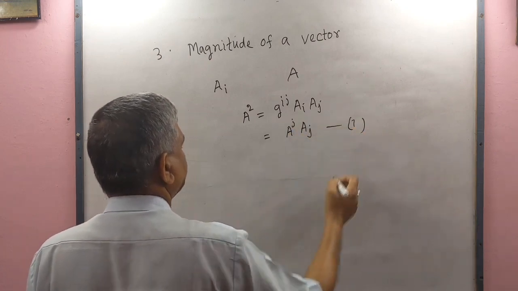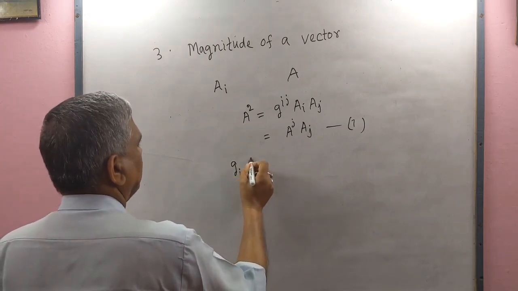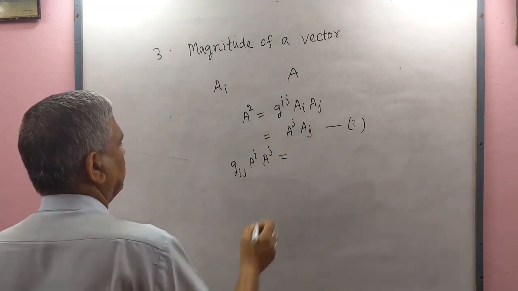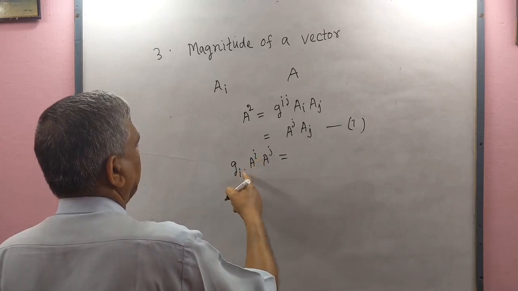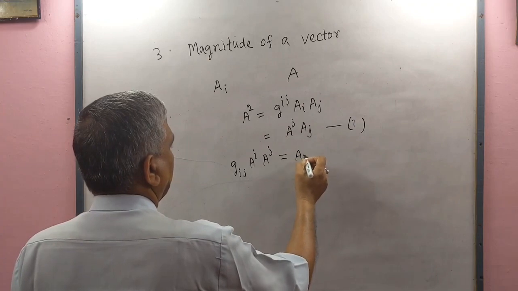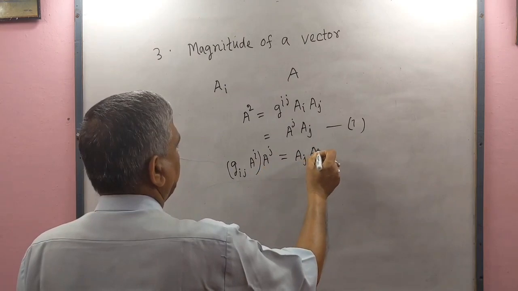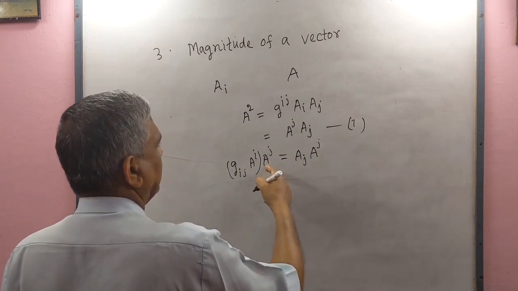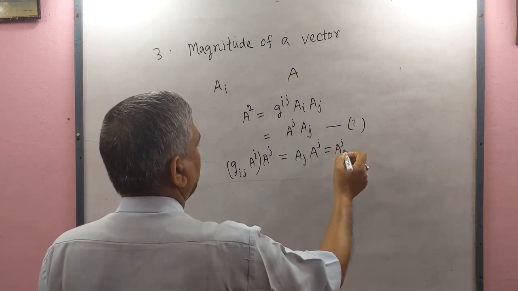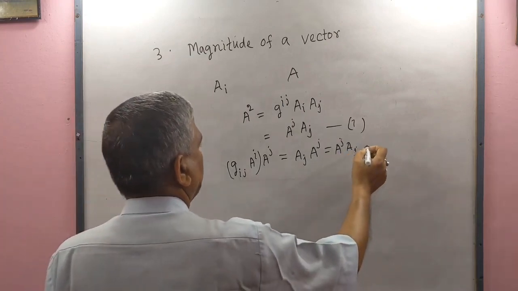This is number 1. Now we write Gij Ai Aj equal to, taking this, this is the Aj, by commutativity, Aj Aj, this is 2.